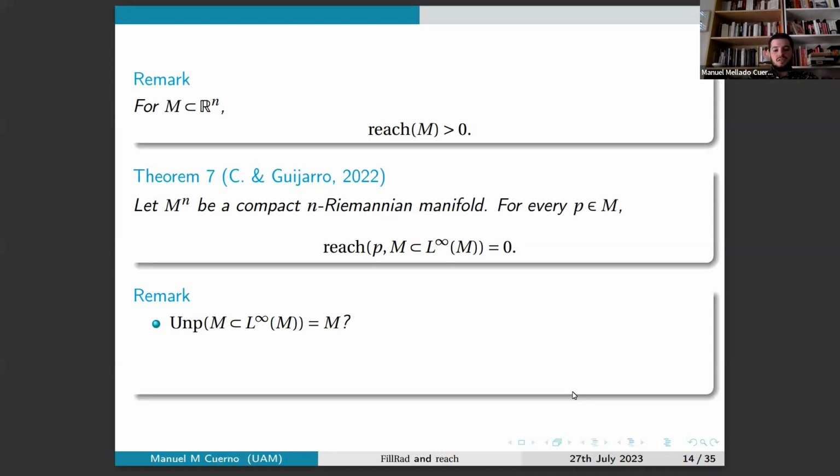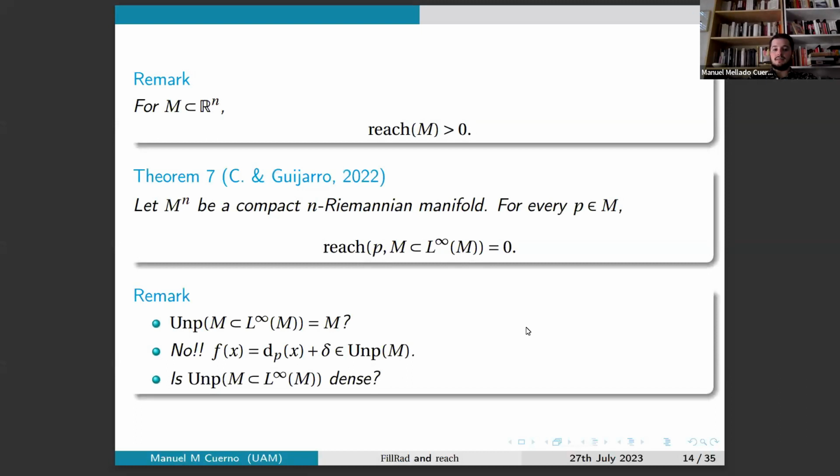So we first think: is the set of unique points of M in L infinity only M? But no, because there are functions in L infinity, not in the isometric copy of M, that are in the unique points of M. The next question we haven't solved yet is: are these unique points of M in L infinity dense?